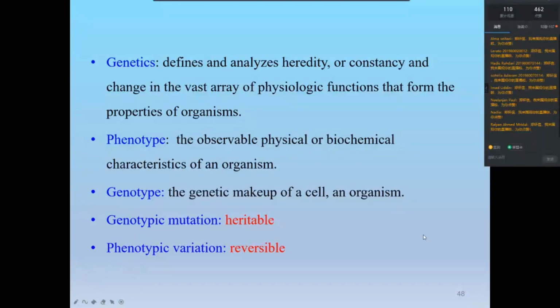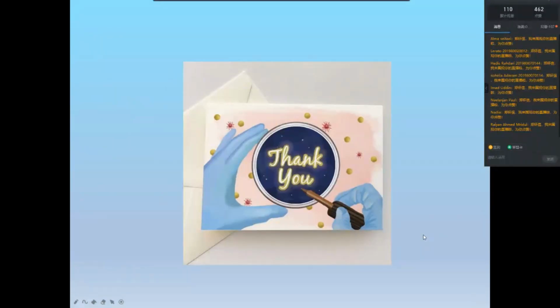Okay, so I think basically that's what we are talking about for this large topic, bacterial genetics and variation, and we covered the major points in this area.